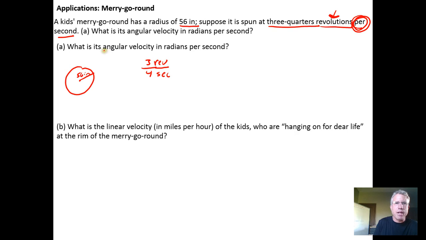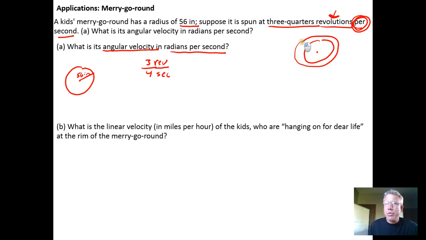The first problem says find the angular velocity in radians per second. So we're given an angular velocity in revolutions per second, and we're just being asked to convert it over to radians. What we want to understand is that each time we go around 1 revolution, that's the same as having gone 2 pi radians. And if we want the angular speed in radians per second, that tells us we want time in the denominator and radians in the numerator.